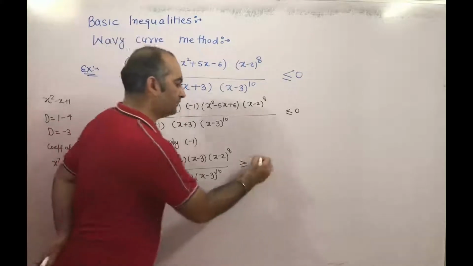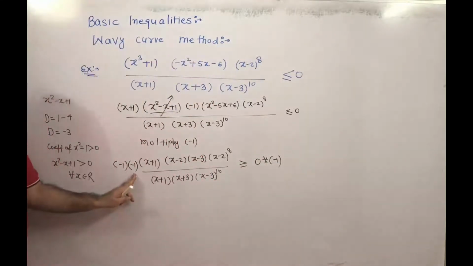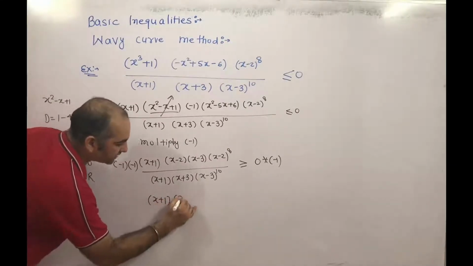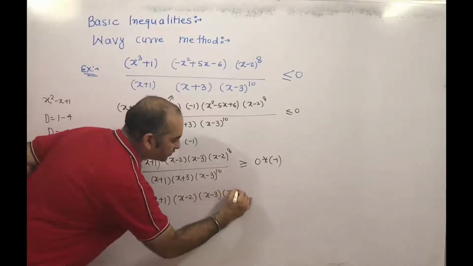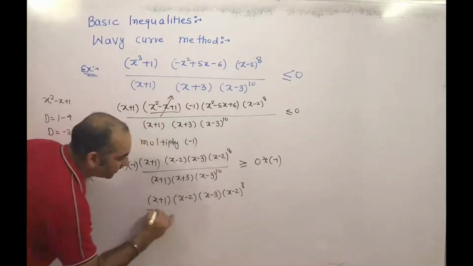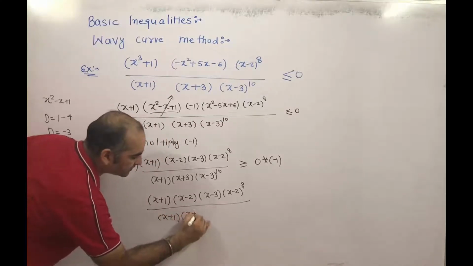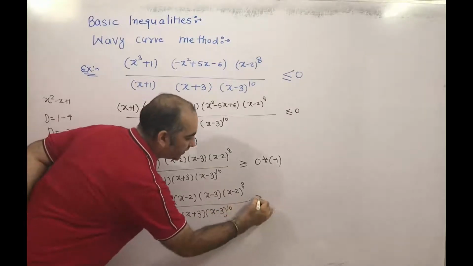Then minus 1 into minus 1 is plus 1. So what will come here? (x + 1)(x − 2)(x − 3)(x − 2)^8 divided by (x + 1)(x + 3)(x − 3)^10 is greater than or equal to 0 will come.